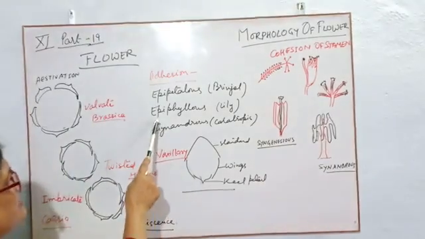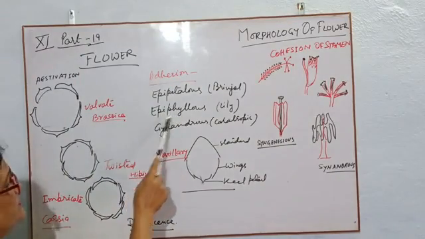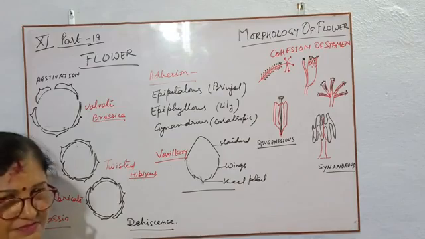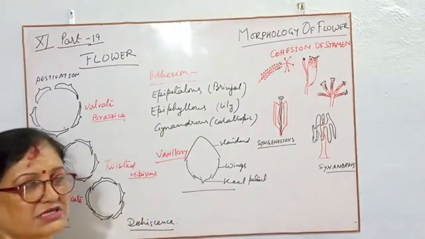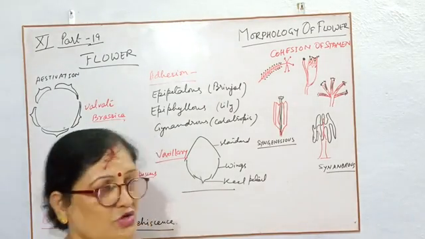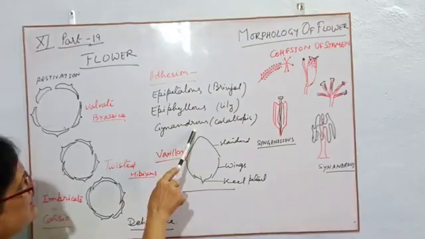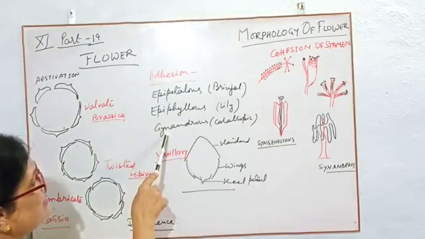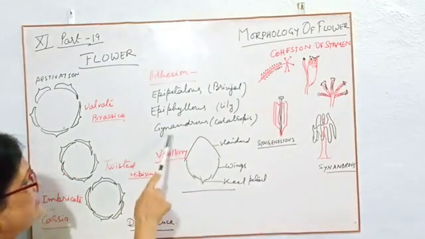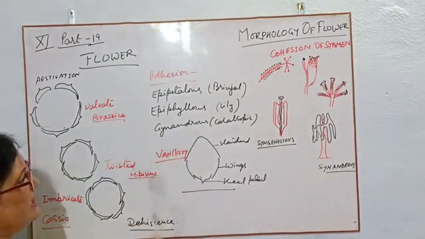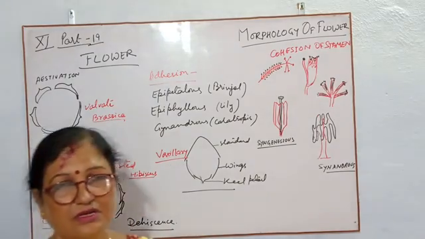Then the stamen is said to be epiphyllous. Then gynandrous. Gyn word is used for the gynoecium. So when stamens remain attached with the gynoecium, that is the ovary, then this name is given: gynandrous type of adhesion of stamen.